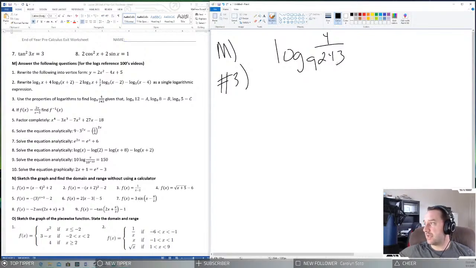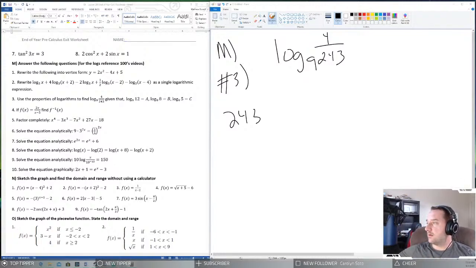For example, this 243, what is divisible by 243? I think it's divisible by 9. If I can find my mouse and get my calculator out, 243 divided by 9, I get 27.